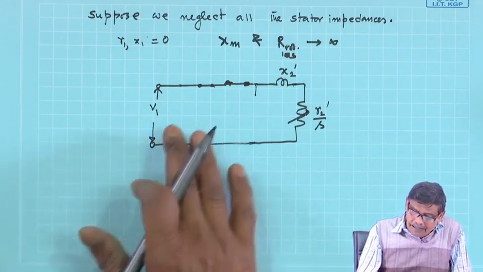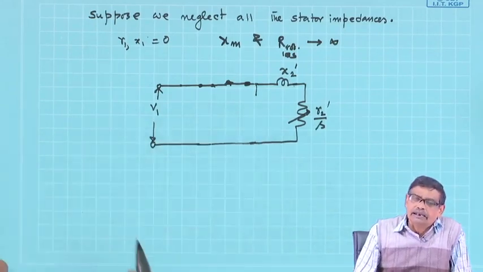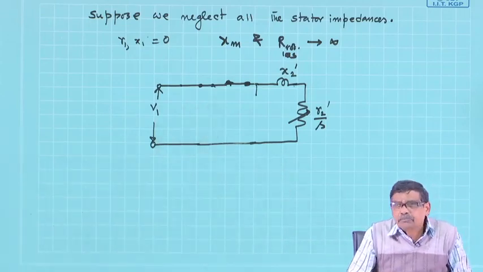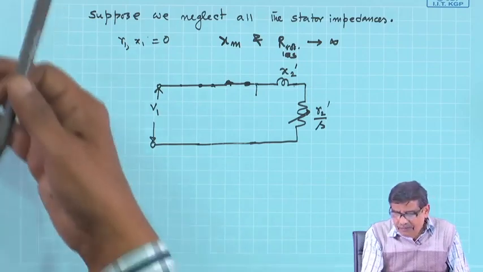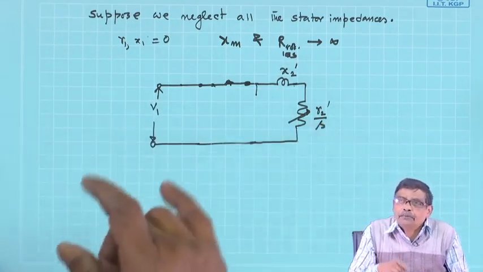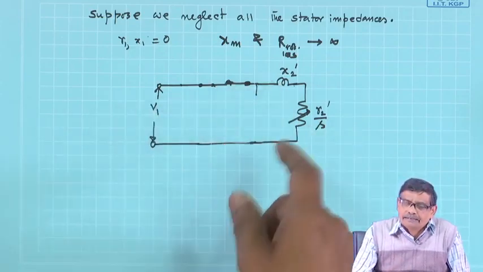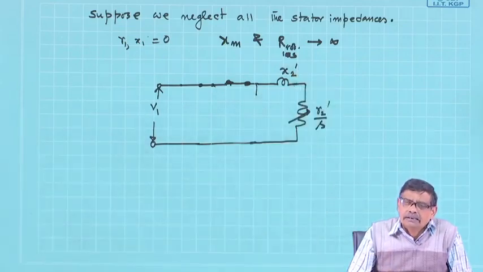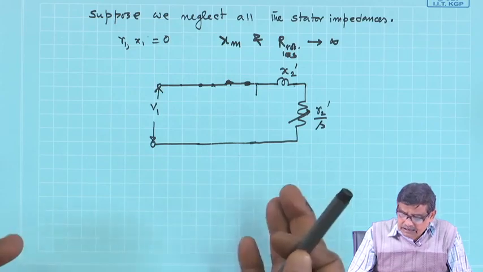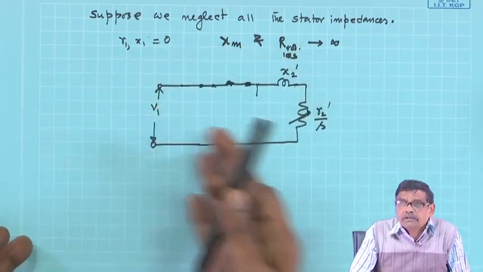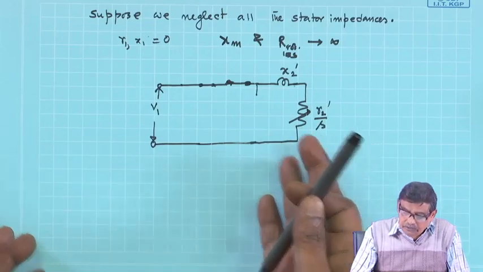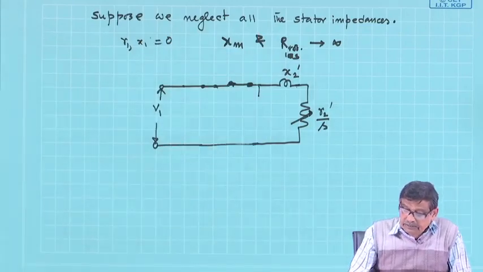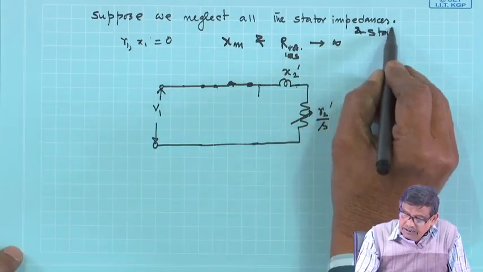For example, one way I can do it, I have already found out R Thevenin's, V Thevenin's in terms of that, the expression of the torque, etc. I will once again bring out those expressions. There I will put R1 X1 0, Xm if it is there in that expression, that is infinitely large, and I can get the expression for this so called equivalent circuit whose all losses I have neglected, stator impedance and stator losses I have neglected.